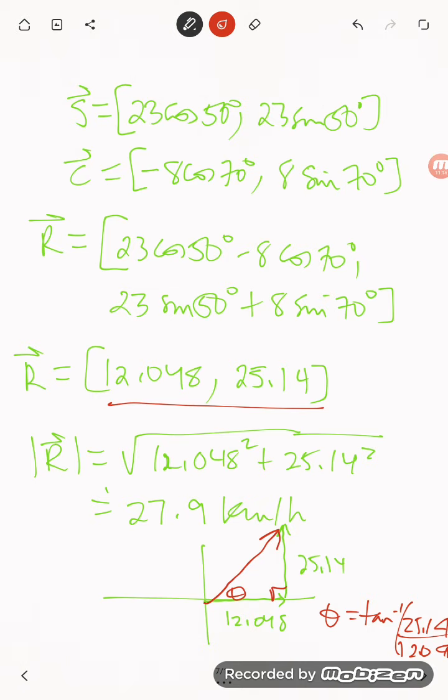Anyway, if you do the tan inverse of that, you're going to get approximately 64.4 degrees. Okay, but to name the direction of this vector as a true bearing, what I really want is that angle in there. And that's just complementary to that angle, so I can just subtract it from 90 and I get 25.6 degrees.